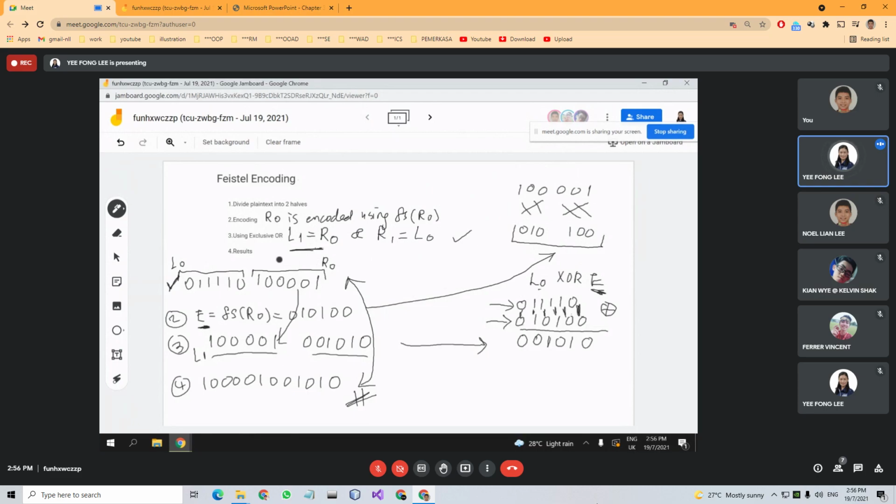Okay, that's all my sharing today about the 5-step encoding. Will this be asked in the exam? Yes, when you look at the tutorial, there is question number 6, if not mistaken.